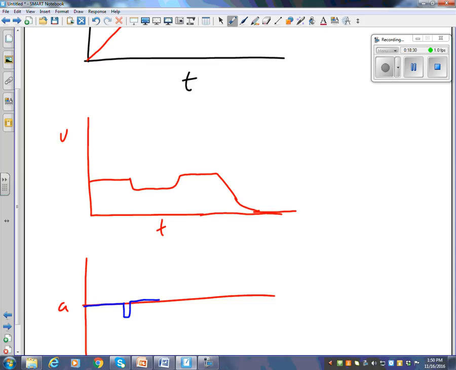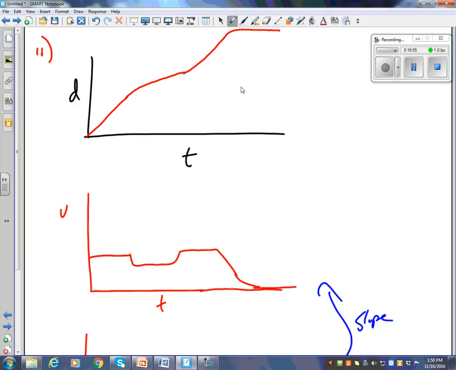Now the slope becomes positive for a brief period of time, and then it goes back to 0. And then it becomes negative for a longer period of time, and then it eventually goes back to 0. You're graphing the slope of this one. And the velocity time graph is the slope of the one before that, exactly.